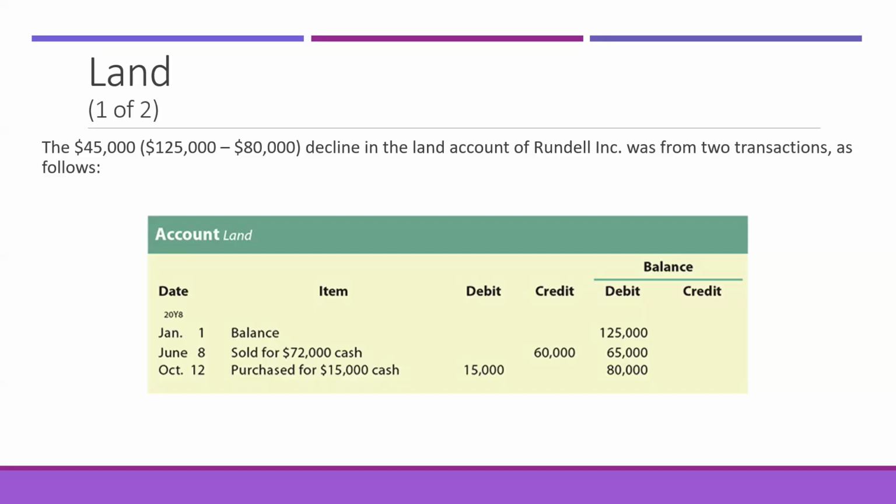So it's a $72,000 inflow and a $15,000 outflow. That's what's going to show up on the statement of cash flows. The actual $60,000 decrease is not going to show up.